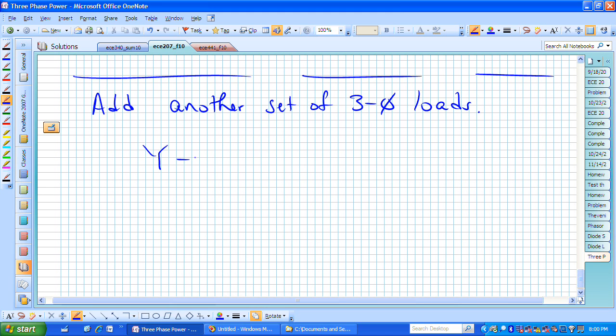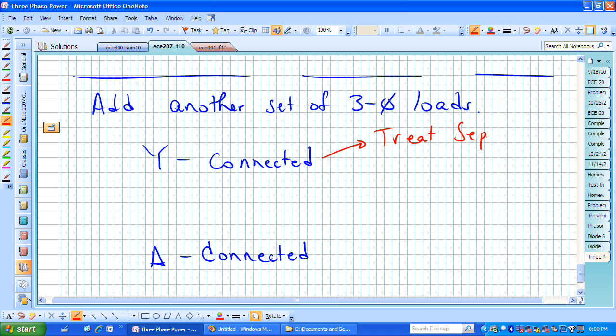Those loads could be Y-connected, or those loads could be delta connected. If the loads are Y-connected, then you could simply treat each of those loads. You now know what the current is flowing to those. You might be able to then figure out, using a current divider, how much current is going through each of the loads, and then treat them separately.